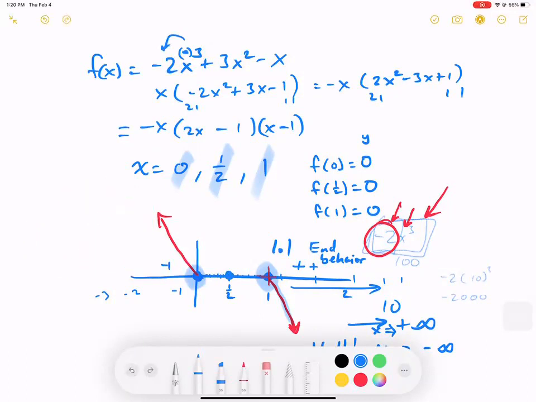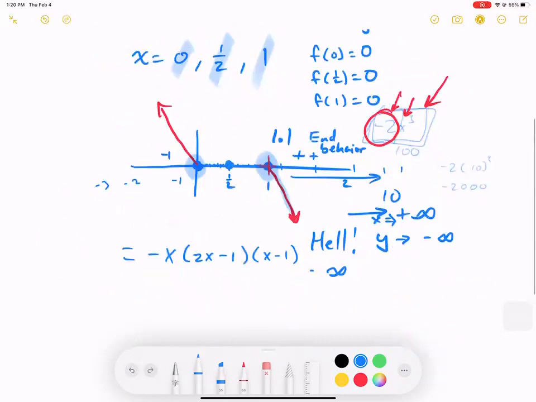Then the next question is, Mr. Chico, how can you guarantee that this graph doesn't sneak back in across the border, across the x-axis? In order to cross over, don't we need a root? And that's the thing about this graph.